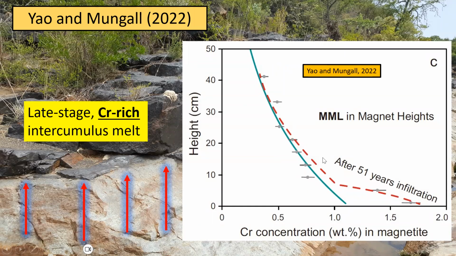But then you have these late-stage chromium-rich melts moving up, and they react with the lowermost portion of the magnetitite layer, significantly enriching it in chromium. And then you get this breakaway from the pattern predicted by fractional crystallization.